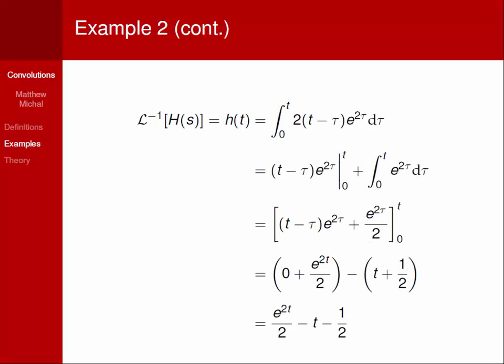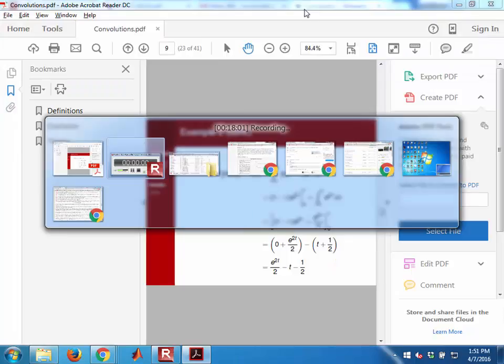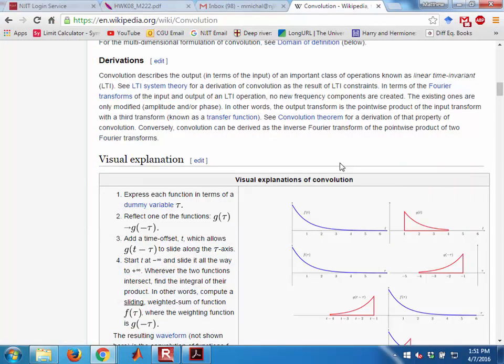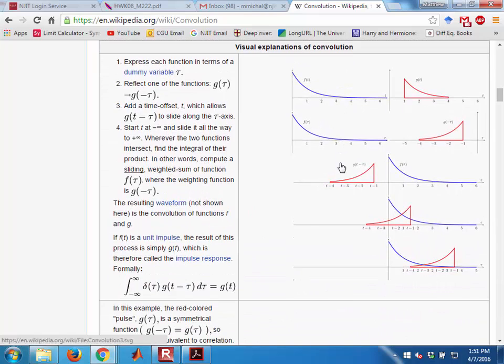So rather than solve this right away, what does a convolution mean? What does that tau represent? Remember that my definition of convolution is the integral from 0 to t of f of t minus tau, g of tau, d tau, right?